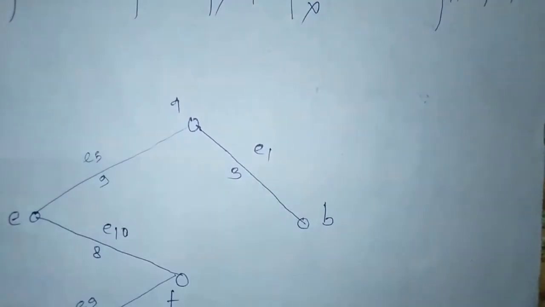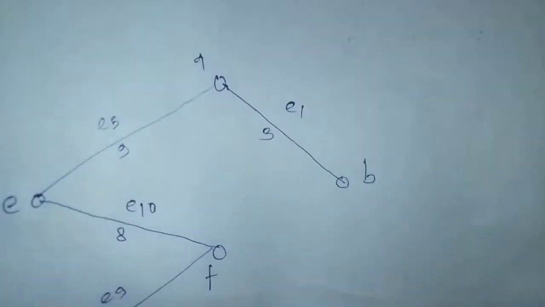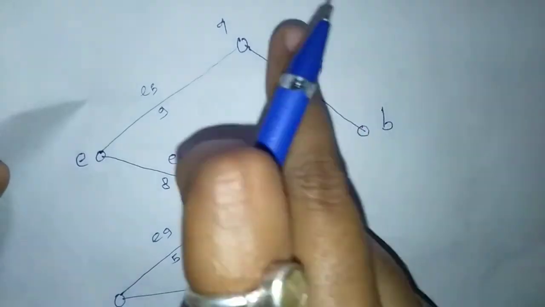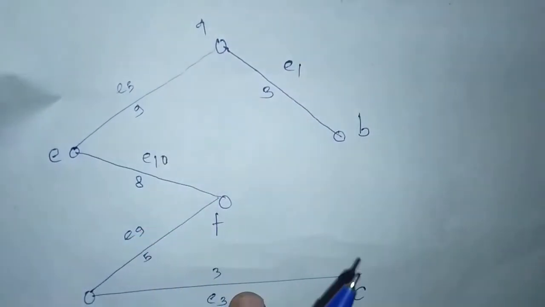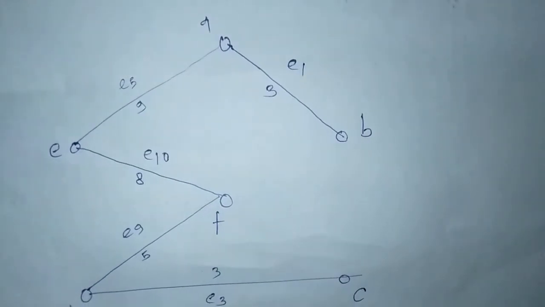Now you can see that there is 6 number of vertices, 1 2 3 4 5 6, and how many edges do we collect? 1 2 3 4 5. So spanning tree is complete here. That's why here we stop.